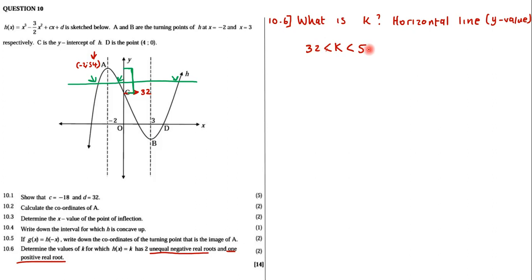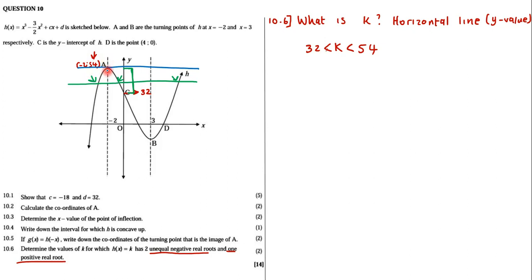32 and 54. Now please take note of this. I'm not saying that k also includes 32 and also includes 54. Why can't I say that? Because if I include 54, notice what's going to happen. You see that it's going to touch once there, and then it will touch once there. So it means these roots here are going to be equal. They're going to be negative, but they will be equal.